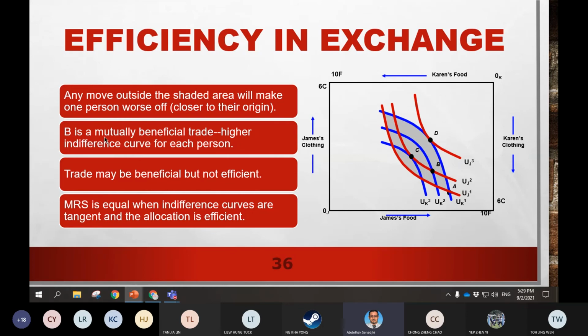So B is a mutually beneficial trade, a higher indifference curve for each person at B, but the trade may be beneficial but not efficient. It will be efficient when the marginal rates of substitution are equal, when the indifference curves are tangent, and in this case it is either at C or at D.